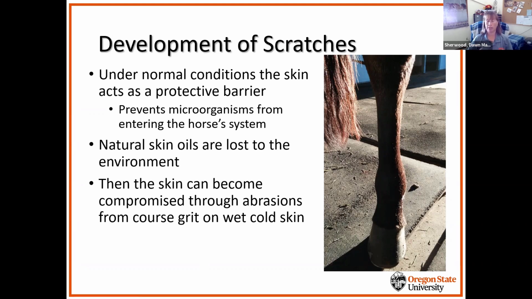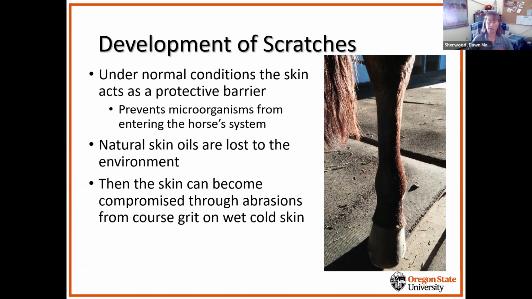In the winter, they're wet, they're muddy. If you're really, really good about hosing your horse's legs off, that's fine. But sometimes you're removing some of those natural oils that act as a protective barrier. Then when that skin gets wet, it becomes soft and it becomes compromised.